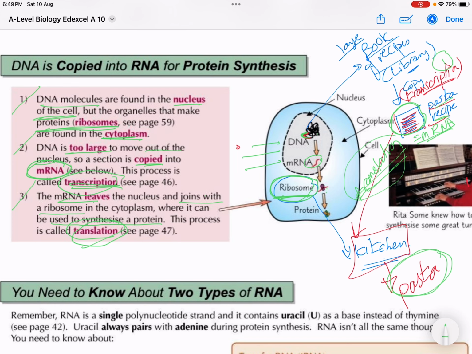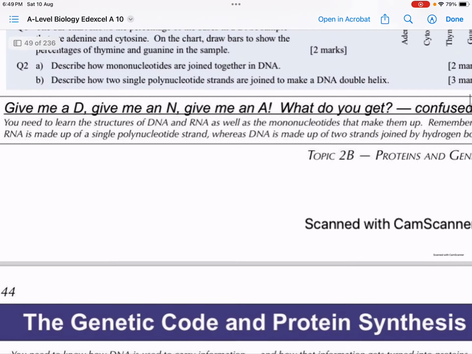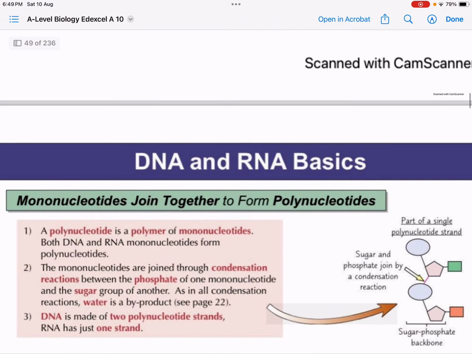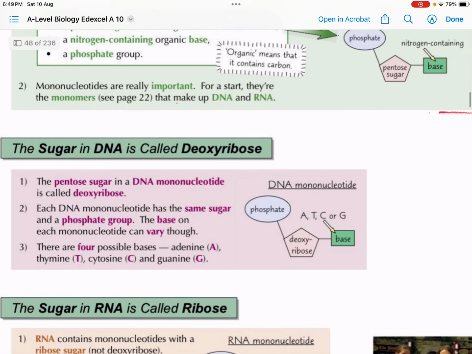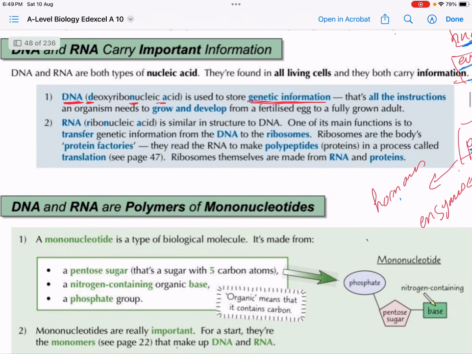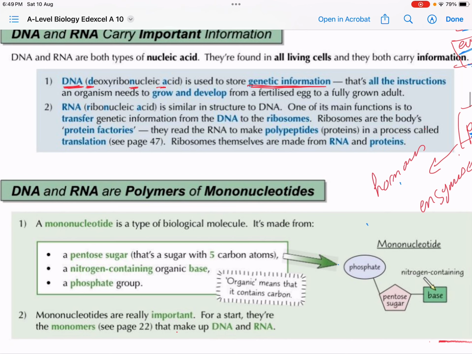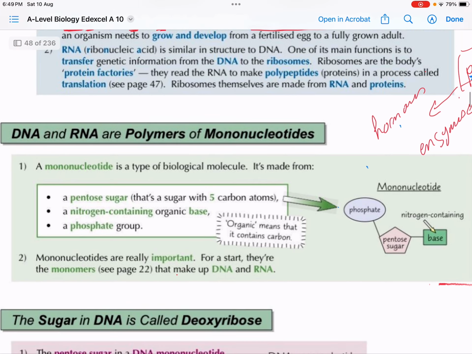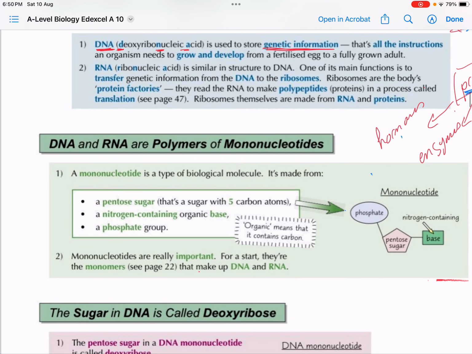Now, moving on, we will explain the structure of the DNA and compare it to the structure of the RNA before we are able to talk about the transcription and the translation in the next session. DNA and RNA both are polymers.